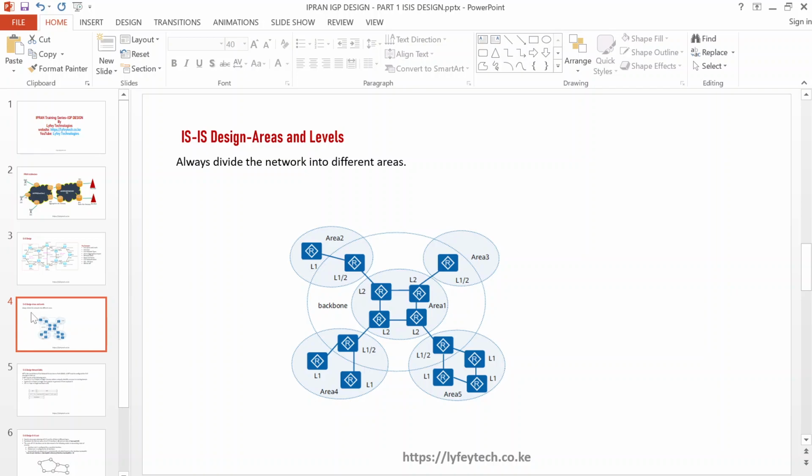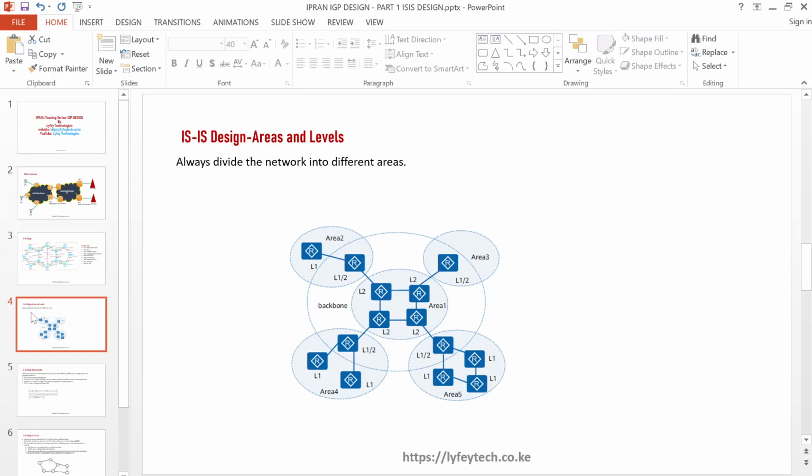And if you have a large network with so many routers running ISIS, it will take time for convergence to happen. So we recommend that you divide your network into small areas, which will speed up network convergence. Even when you are troubleshooting, if your network is divided into small areas, it's very easy to identify where you could be having an issue.